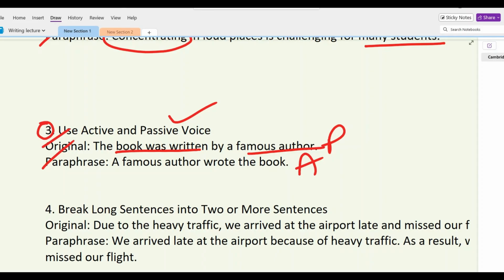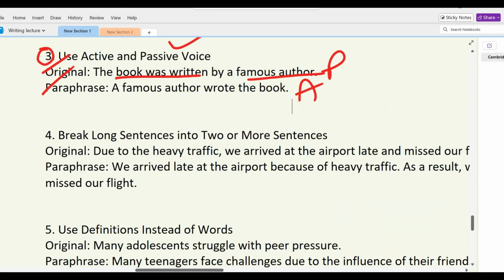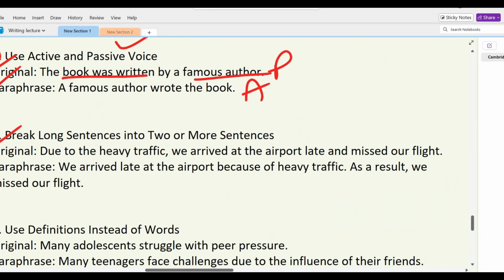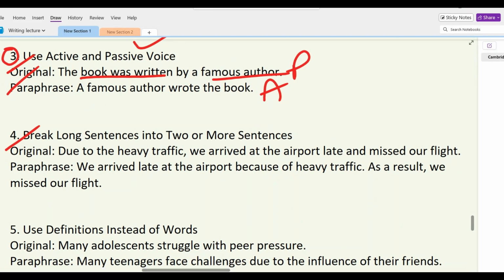Now let us see number 4: break long sentences into two or more sentences. Original: due to the heavy traffic, we arrived at the airport late and missed our flight. And the paraphrased version is: we arrived late at the airport because of heavy traffic.